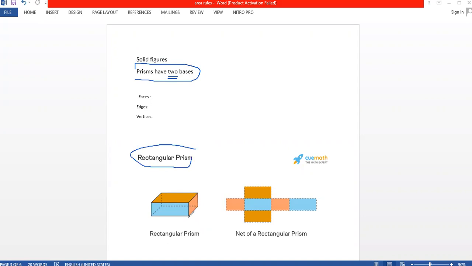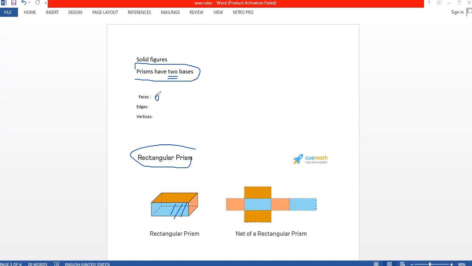This is a rectangular prism, and this is its net. Let's see how many faces, edges, and vertices it has. The faces are the flat surfaces, all the sides: front and back, up and down, and left and right. So we have 6 faces.